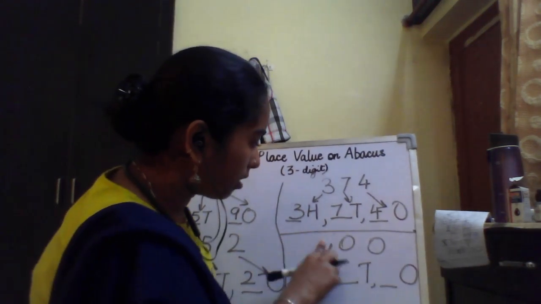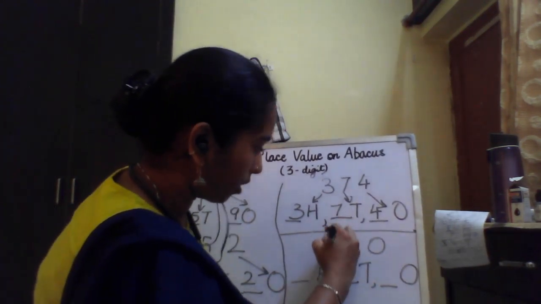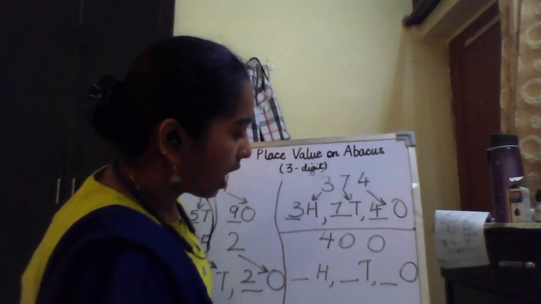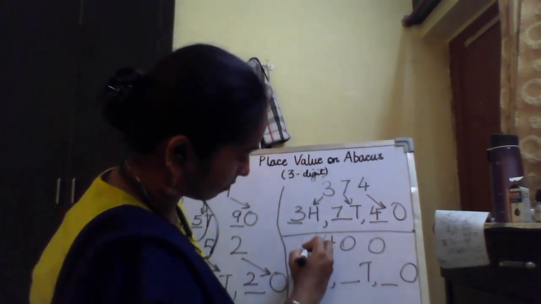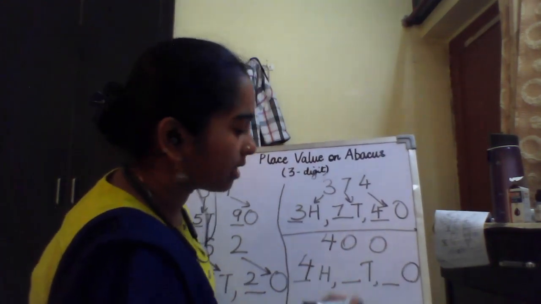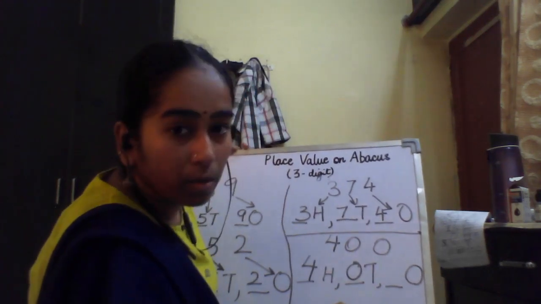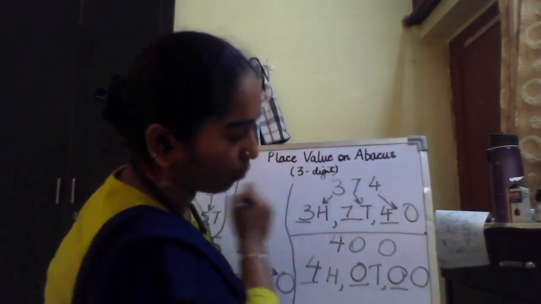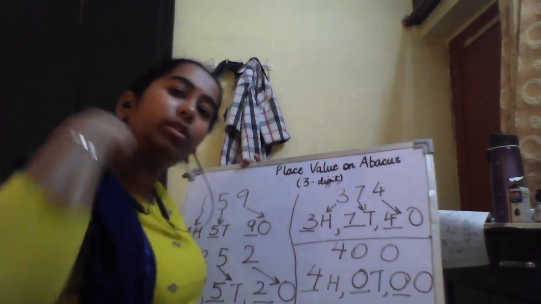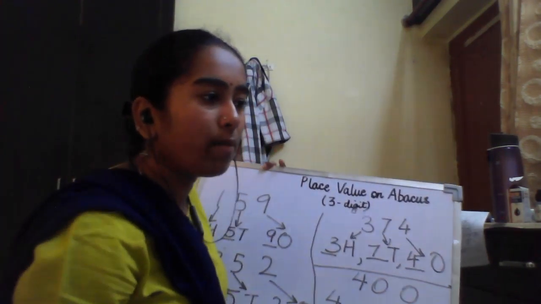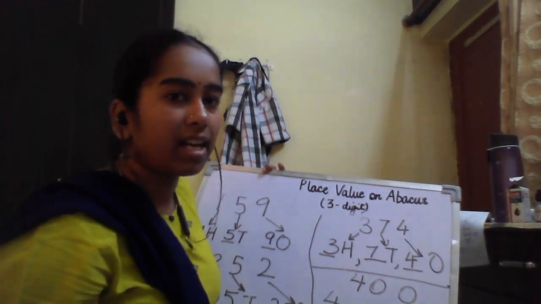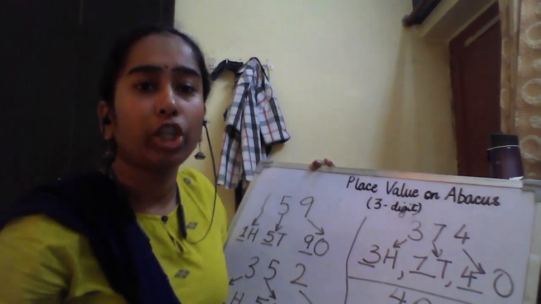Now, say this is 400. See, this is 400. How many hundreds are there? 4. How many tens are there? 0. How many ones are there? 0. Now you're clear how to do place value, how to write how many hundreds, tens and ones are there in a 3-digit number.